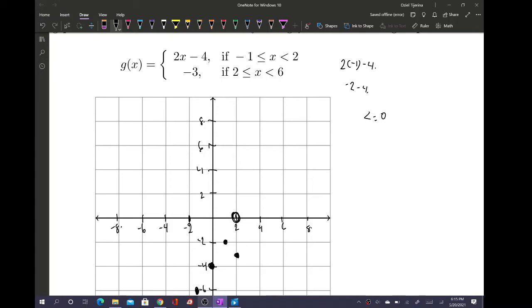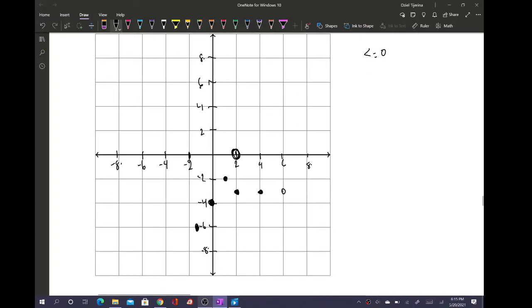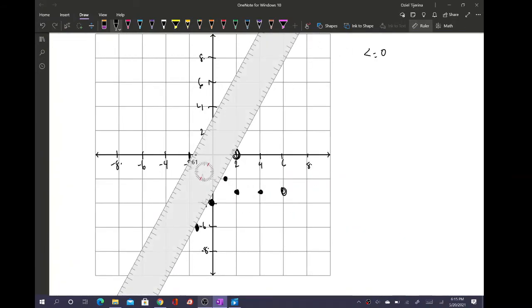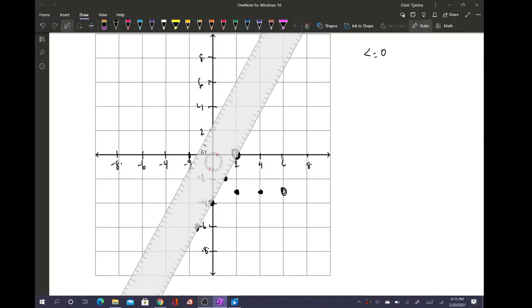And then it'll just keep going. But at x equals 6, that's where it will be undefined.